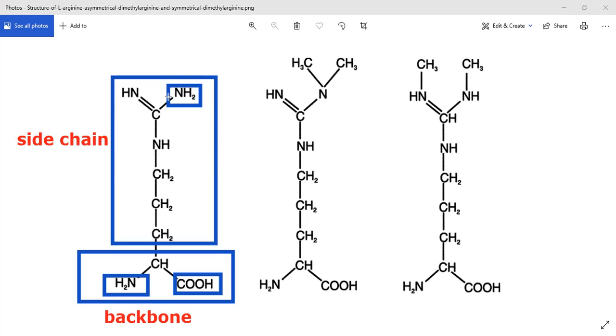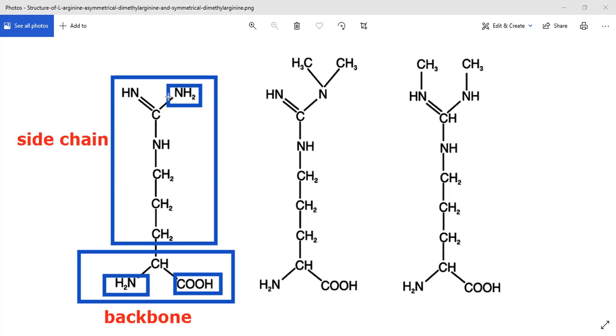Okay, if we argue, we can find many more amino groups, but that's not my idea. So arginine is an example for an amino acid having amino groups in the side chain. Understood?